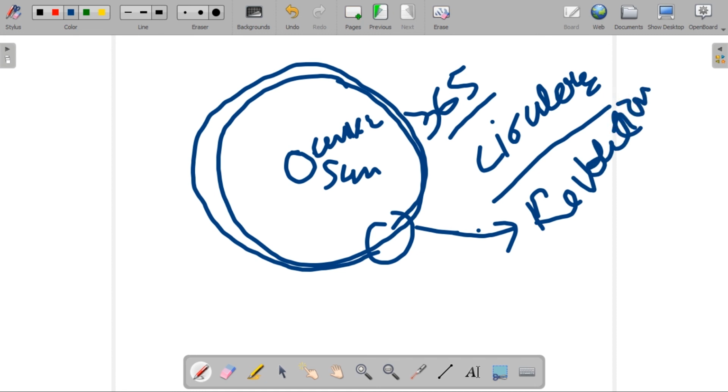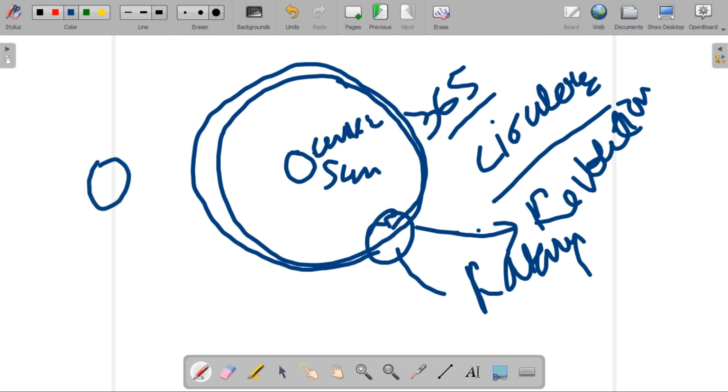And there is another motion which the earth is performing, that is rotary motion. Rotary motion is where there is an axis, like this is the earth and there is an axis in the center of the earth on which it spins around its own axis. That motion is called rotatory motion. Like if there is a pen, you can stand the pen like this.